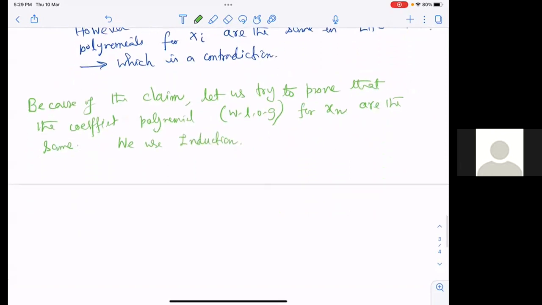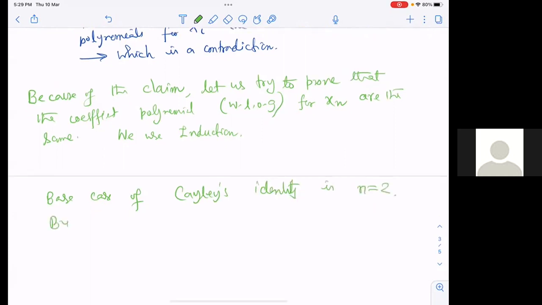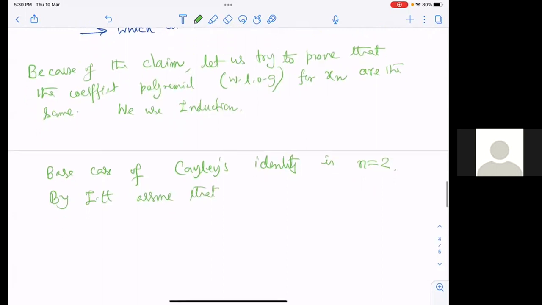The base case of Cayley's identity is n equal to 2, and by the induction hypothesis, it has been shown that it is true for trees over 1 to n minus 1.